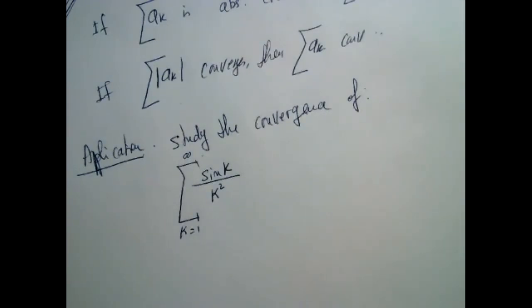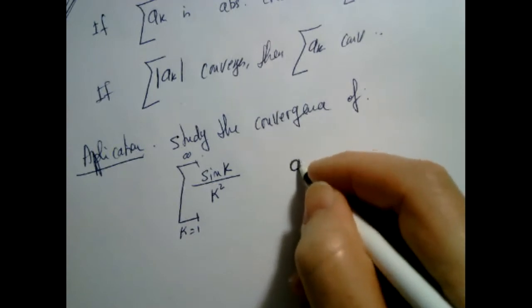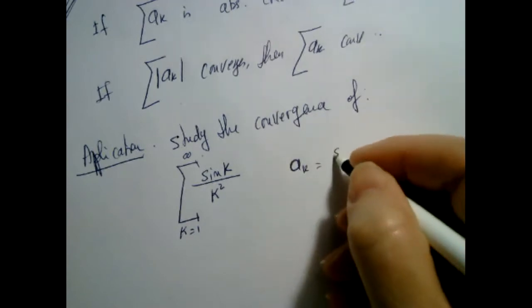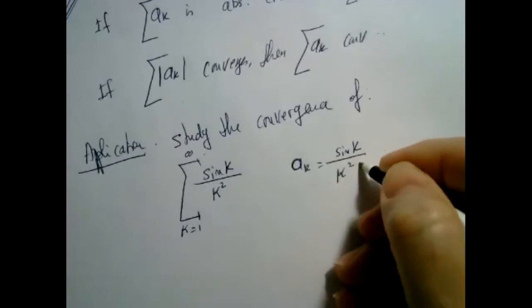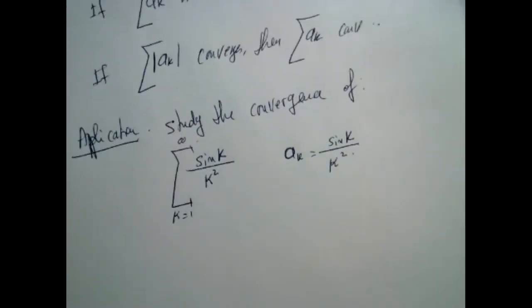All right. So here a_k is the sine of k over k squared. I introduced the sine this time. First time, probably, that I give you an example like that. Okay, let's look at this series. How can I study its convergence? Any ideas?